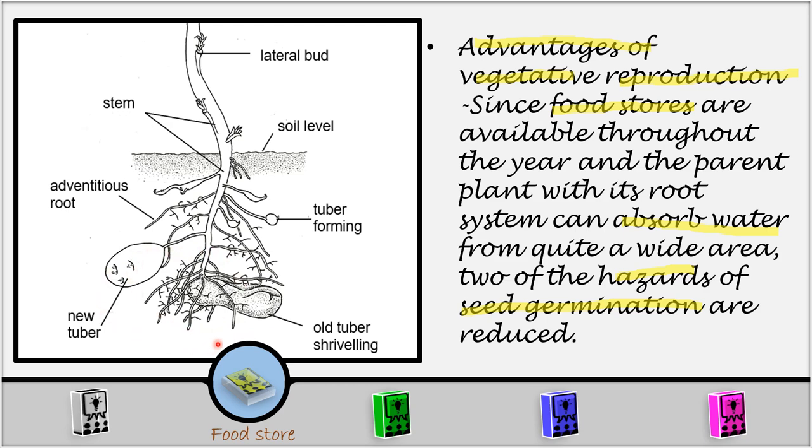That is one of the hazards. Then another one, there is presence of food storage. These tubers store a lot of food. They store a lot of food that can support the new plant compared to the food which is in the seed.